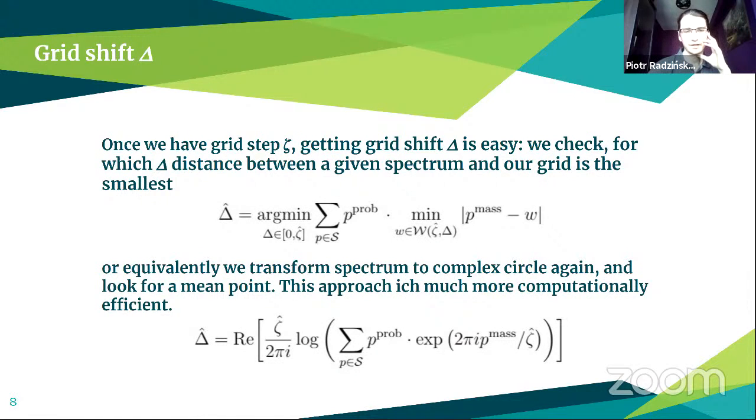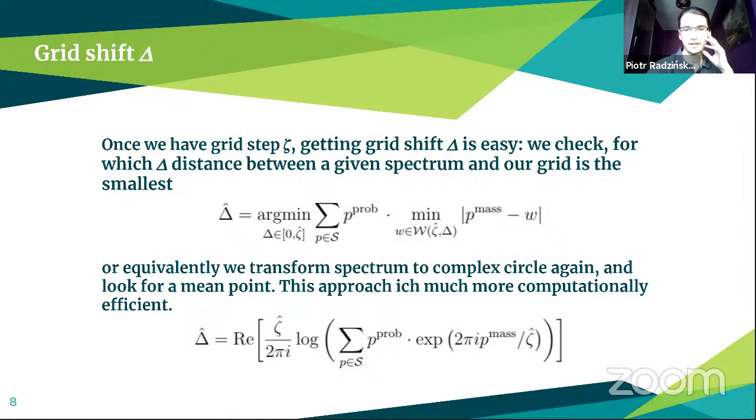And in fact, the idea is quite similar, because if we have such a circle and we know where the peaks are on the circle, I mean, we know that they are in a small area, so the place on the circle where they are can be transformed to the actual shift of our grid.